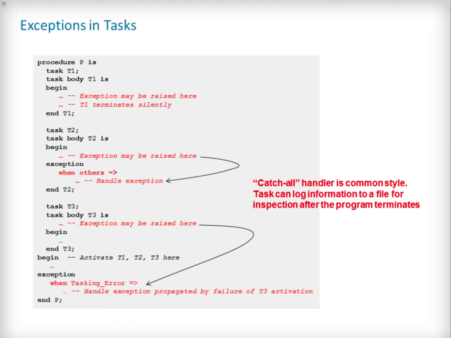This is a common style, allowing the task to perform some appropriate action, such as logging information to a file before terminating. If T3 raises an exception in its declarative part during its activation, then it will be terminated and the tasking error exception will be propagated. It will then be handled by the handler in the enclosing procedure.